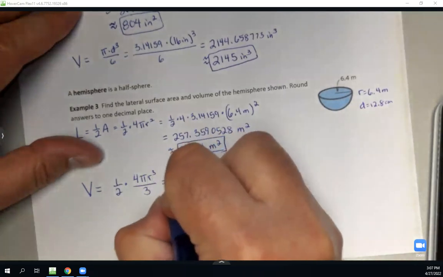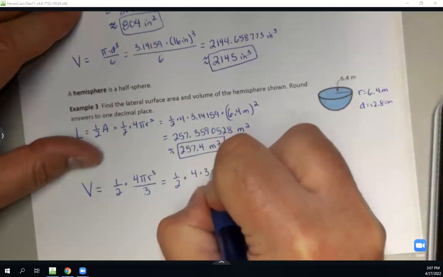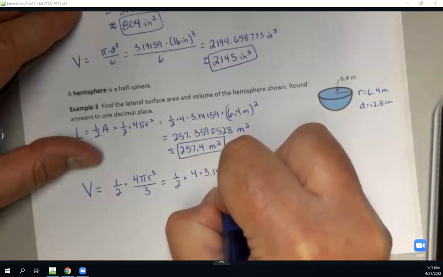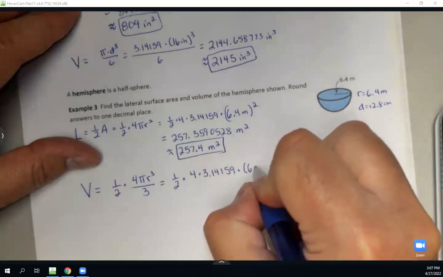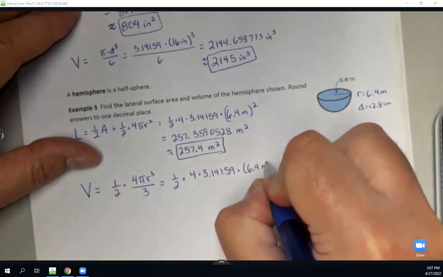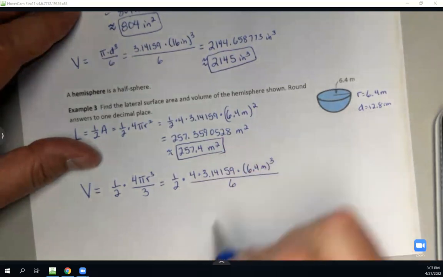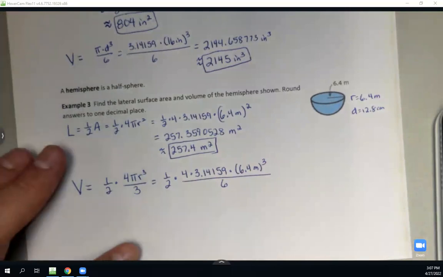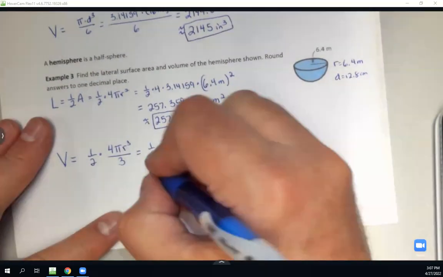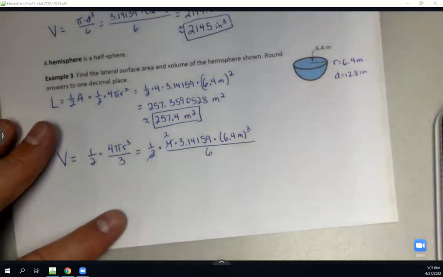So in this case, that's going to be 1/2 times 4 times 3.14159 times 6.4 meters cubed, all divided by 6. You with me? Now the 1/2 will cancel with the 4, leaving 2. Is that okay?